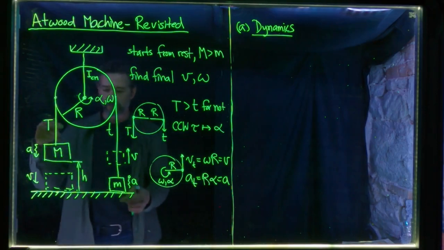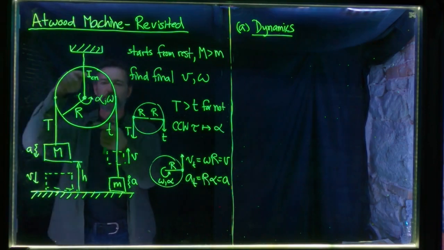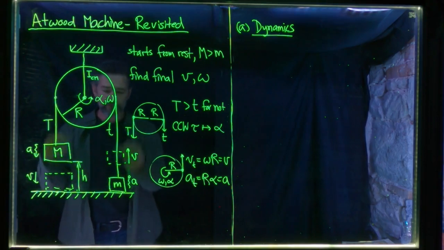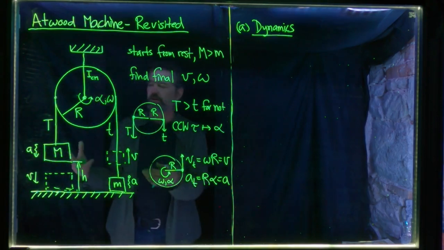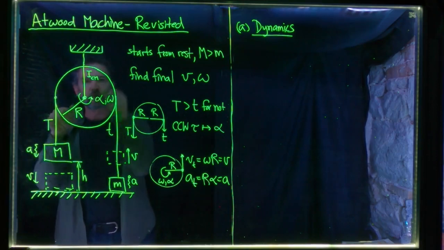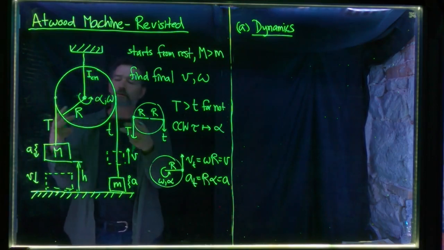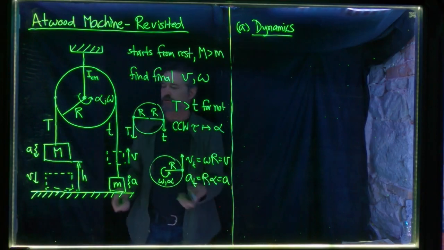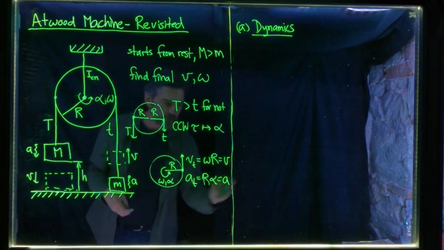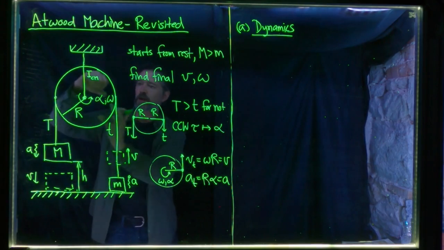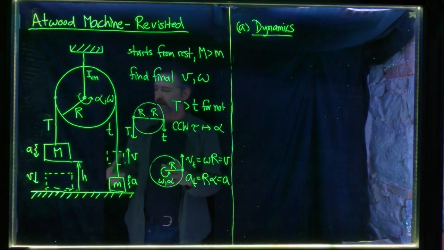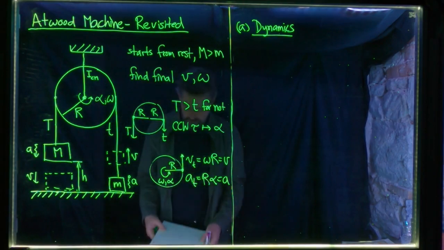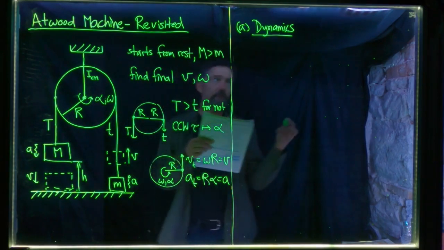You indicate the forces that are acting on this. You indicate the torques that are acting on this. And the net force acting on these objects in linear motion is their mass times their linear acceleration. And the net torque acting on this rotating object will be the moment of inertia, ICM, times the angular acceleration. And then you just solve those three equations, taking into account these relationships, and we figured out what the constant angular acceleration is in this situation of that wheel, of that pulley.